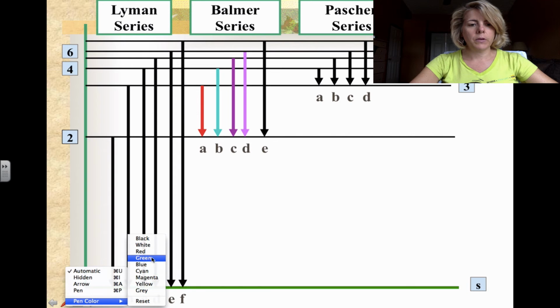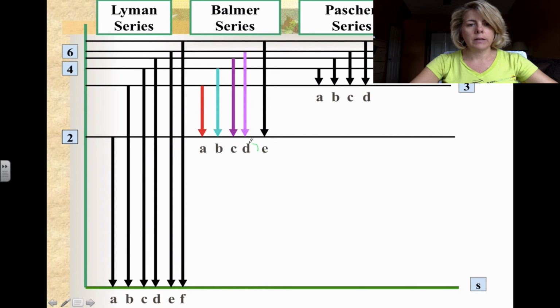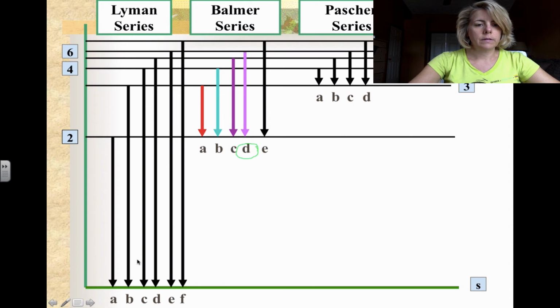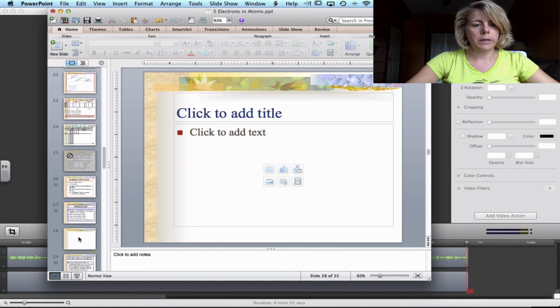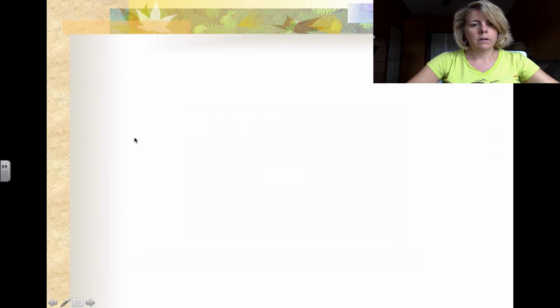So in the Balmer series, I'm looking at this line. My end energy is 2, but my beginning energy is 6. So I'm going from 6 to 2.